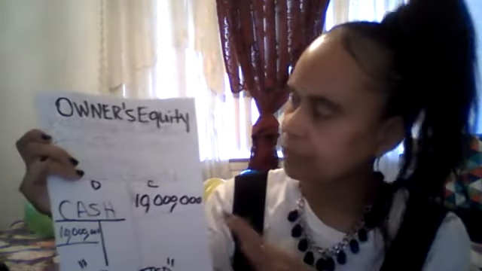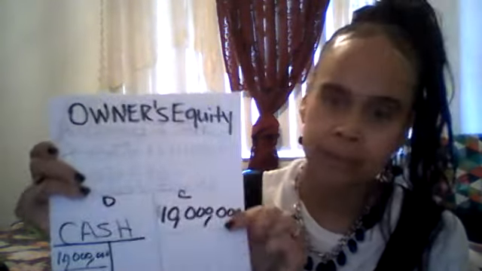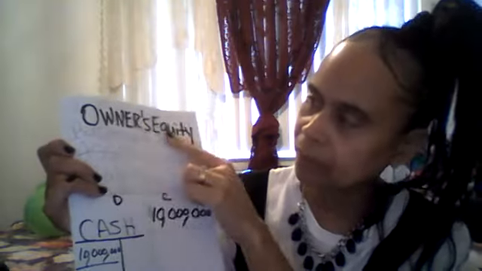So accounting, when we're dealing with owner's equity, owner's equity usually starts with the initial investment of the owner. So in other words, say for instance, the owner invests, right here I got 10 million. Owner invests, it's owner's equity.